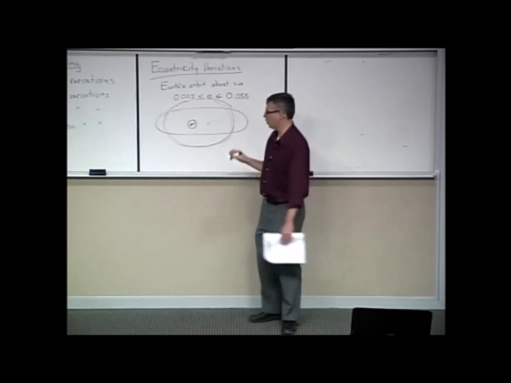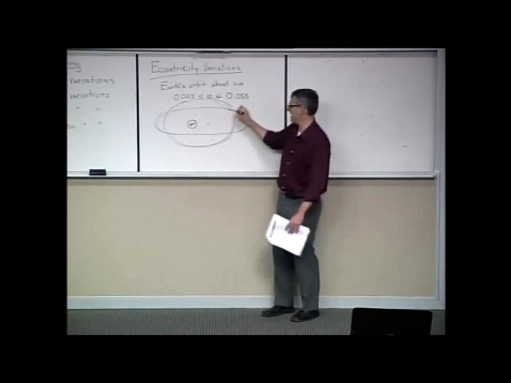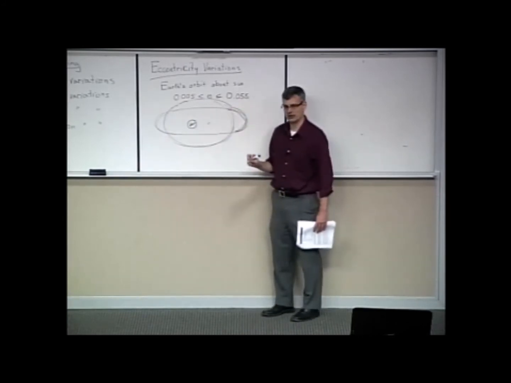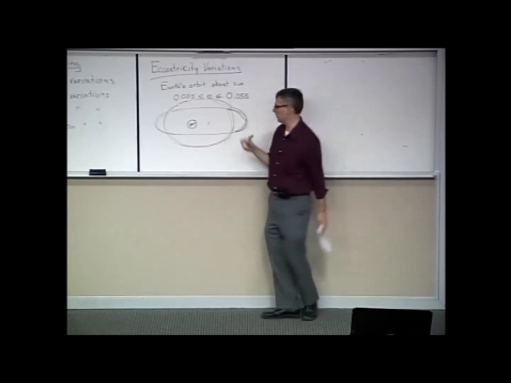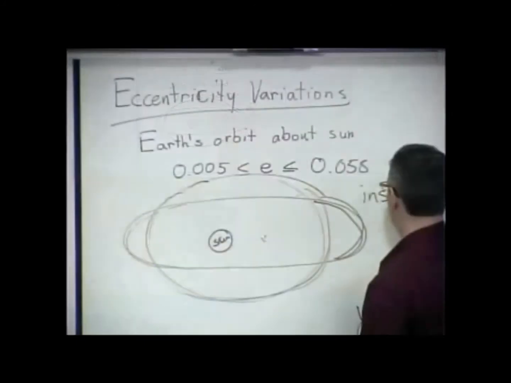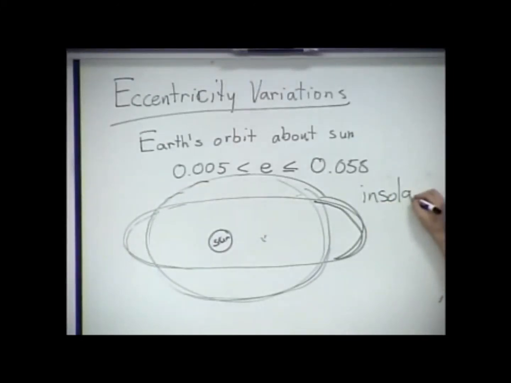That's right. The cold weather occurs on this half of the orbit, when you're slightly farther away. Instead of saying hot or cold, we can use a fancy term, insolation. Insolation: the amount of sunlight that gets into the planet. Not insulation, the pink stuff you put in the attic.